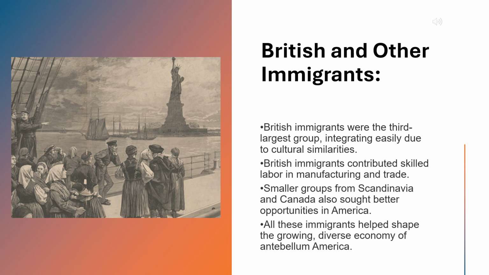Smaller numbers of immigrants also came from Scandinavian countries and Canada, adding to the diverse mosaic of antebellum America. These immigrants, like their Irish and German counterparts, sought better economic opportunities and a chance to build new lives in the rapidly expanding American economy.